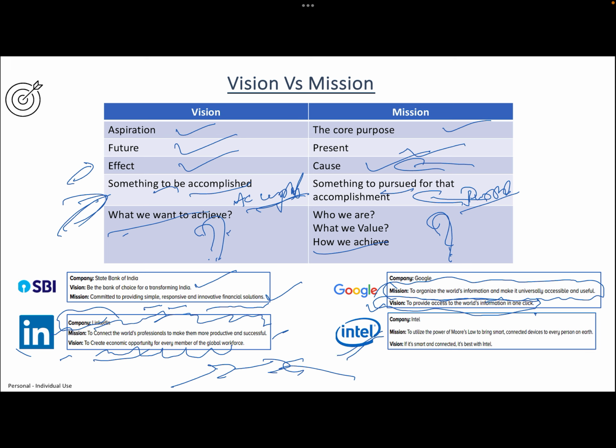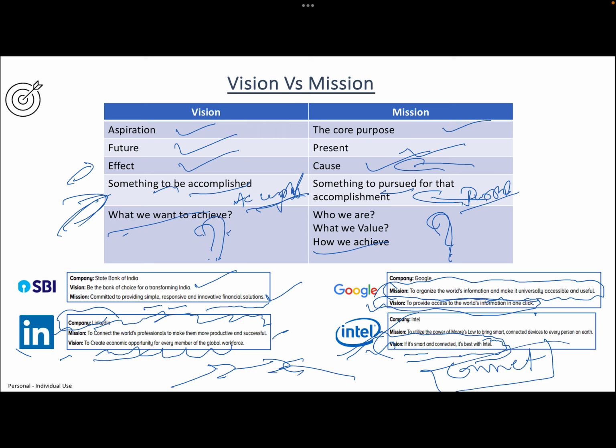Then Intel. Intel's vision statement is: if it is smart and connected, it is best with Intel. So any kind of connection in the electronic space is through Intel. That is what they are trying to envision.